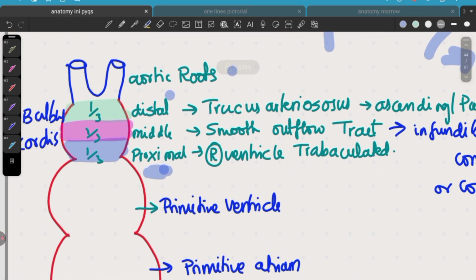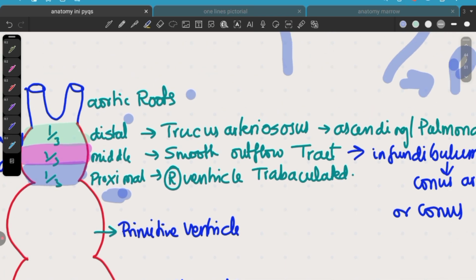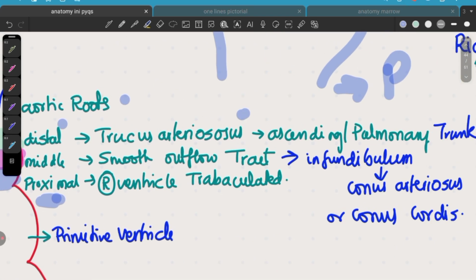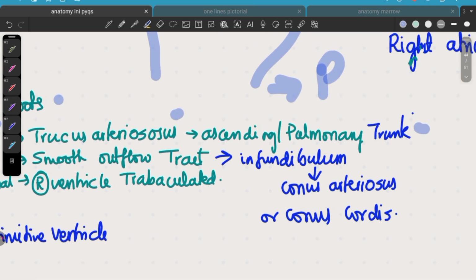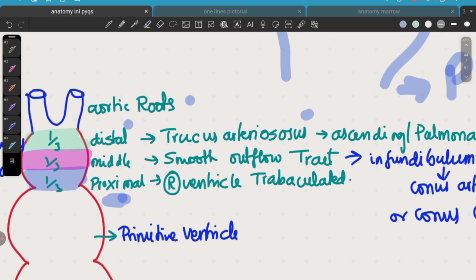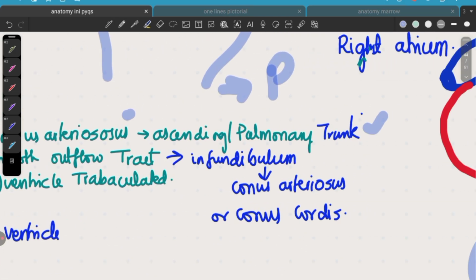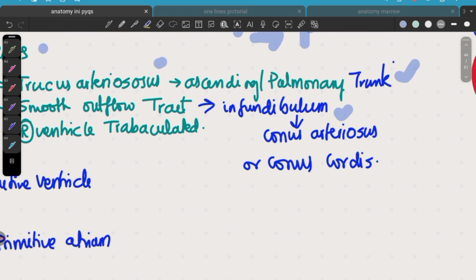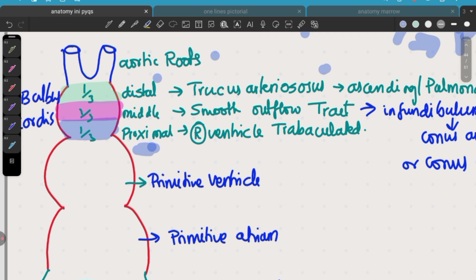Distal end one third will form a truncus arteriosus, that is ascending aorta and pulmonary trunk. Okay. The middle part forms a smooth outlet tract, that is the infundibulum, that is also called as conus arteriosus or conus cordis. Whereas this is near to the ventricle, right?